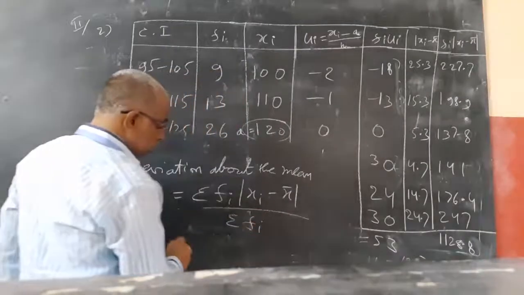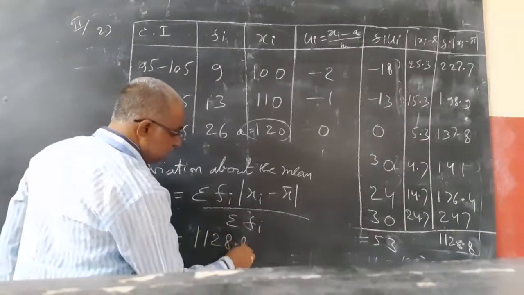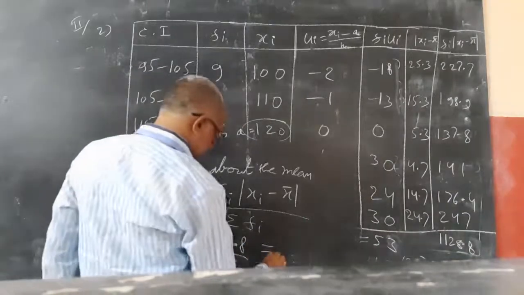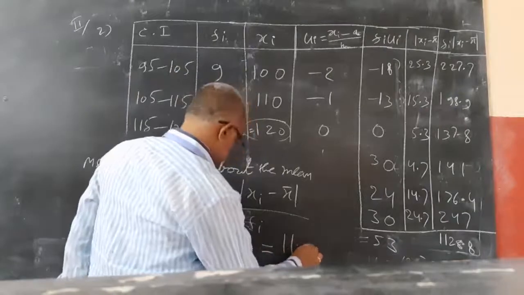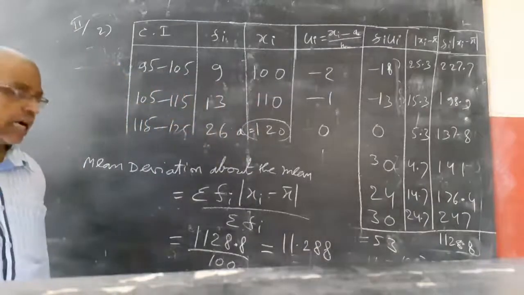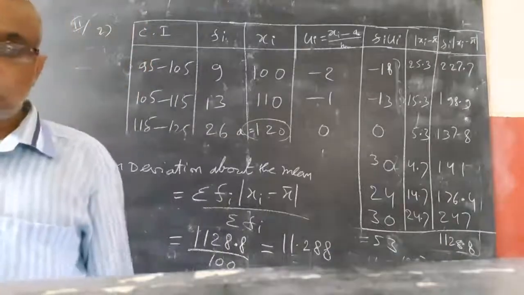So this is equal to 1128.8 by sigma Fi, which we got as 100. So this is 11.288, or round up to 11.29.